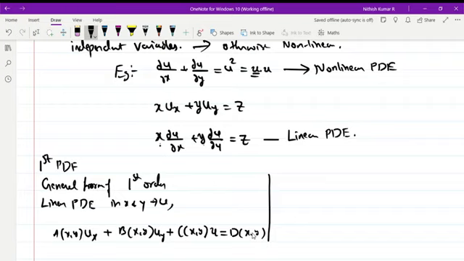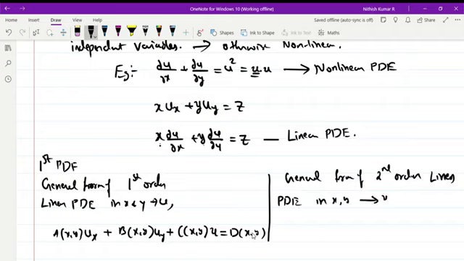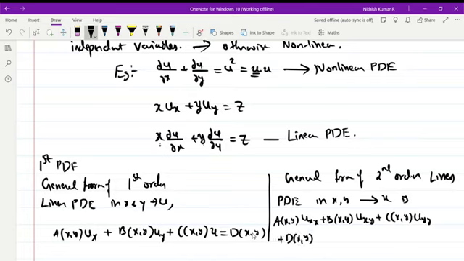So what is the form in second order partial differential equations? The general form of a second order linear partial differential equation in x and y for the unknown function u is a of x comma y uxx plus b of x comma y uxy plus c of x comma y uyy plus d of x comma y ux plus e of x comma y uy plus f of x comma y u, which is equal to g of x comma y.